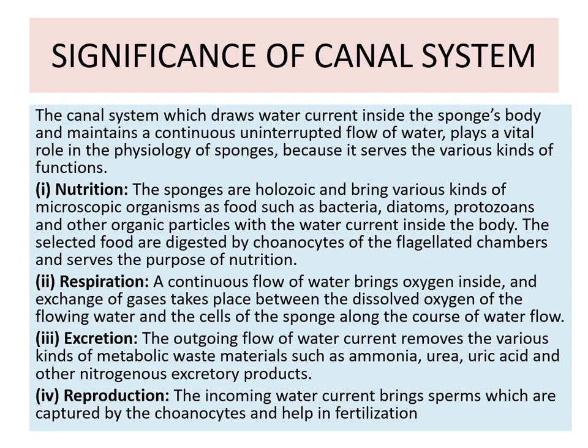Then is reproduction. The incurrent water current brings sperms which are captured by the choanocytes and help in fertilization, and later on the larvae are taken along with the water current to the outside for further development.